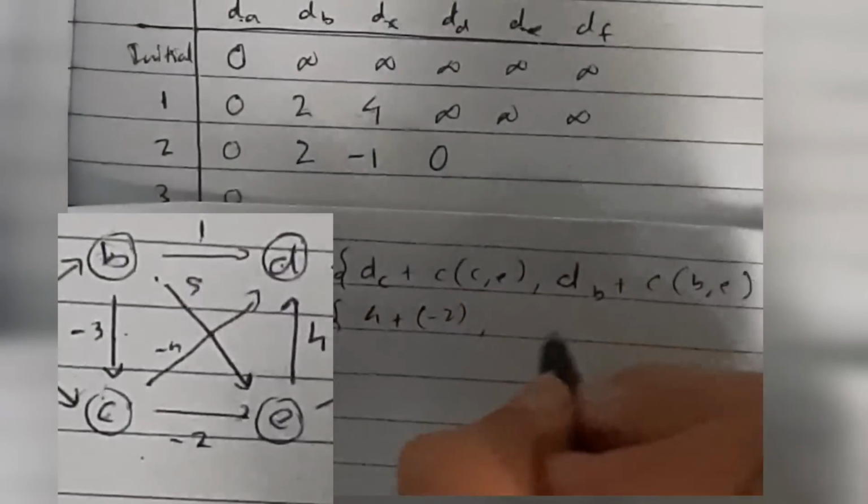So I'll be writing here dE is equal to minimum of dC plus cost of C to E, comma dB plus cost of B to E. Now filling in these values, what is dC? The previous value of dC is 4. 4 plus cost of C to E, what is cost of C to E? Minus 2, comma dB, what is the previous value of dB? 2. 2 plus cost of B to E is 5.